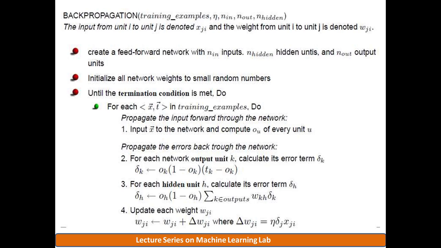Once you compute the output, find the difference between the target output and the output the network is producing. When we take the difference, we come to know the error. That is the second stage: propagate the errors back through the network.